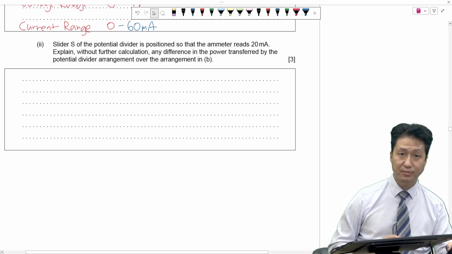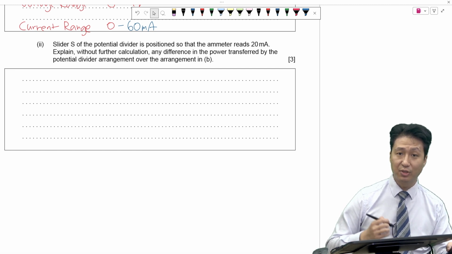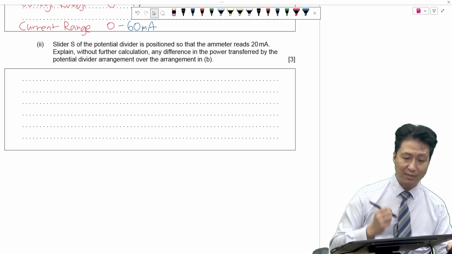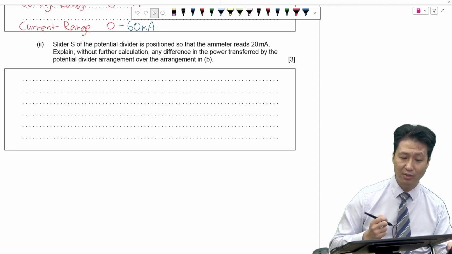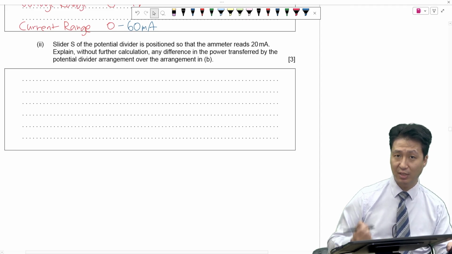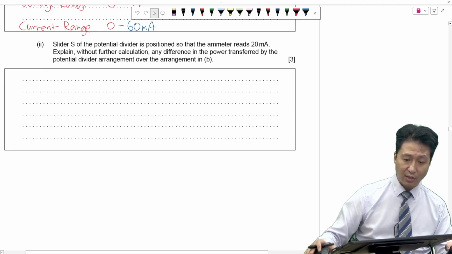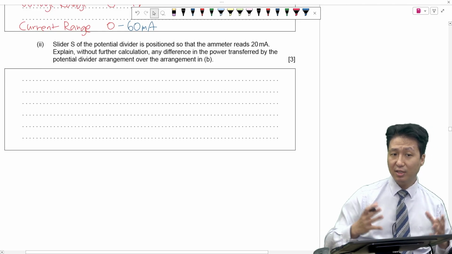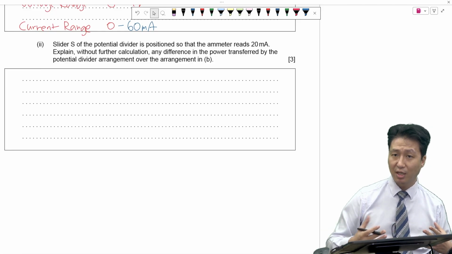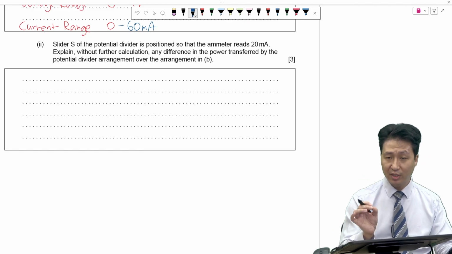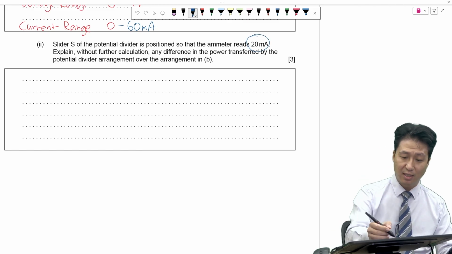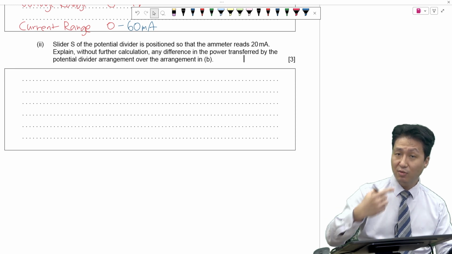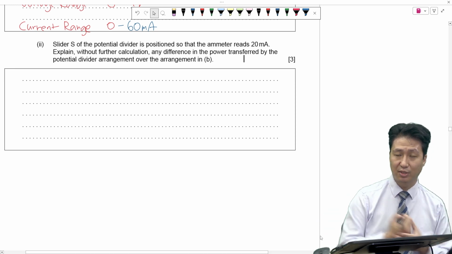In Roman numeral 2, slider S of the potential divider is positioned so that the ammeter reads 20 milliamperes. Explain without further calculation any difference in the power transferred by the potential divider arrangement over the arrangement in B. So you're comparing a series circuit with a parallel circuit. And in the parallel circuit, only one of these sides has 20 milliamperes, while in this series, the whole thing has 20 milliamperes current.